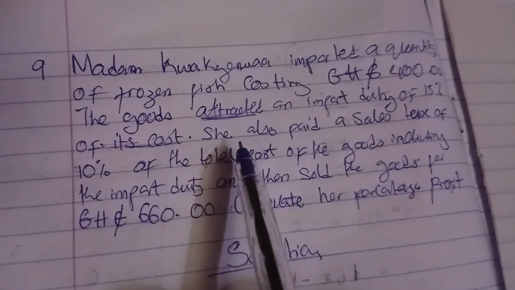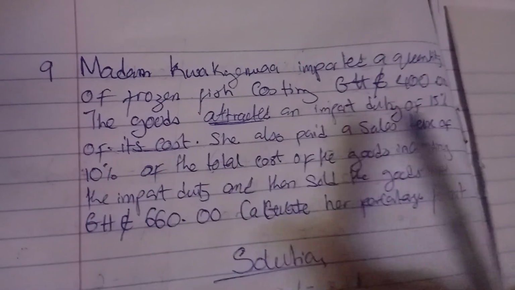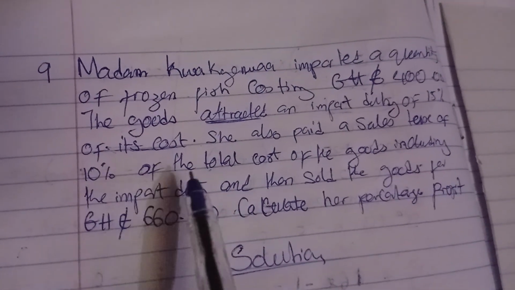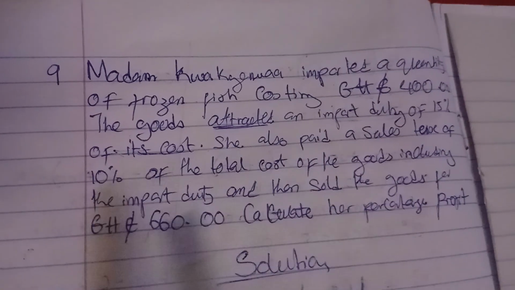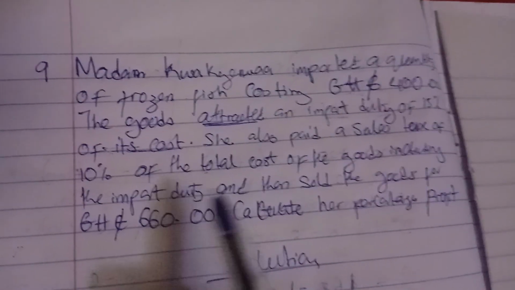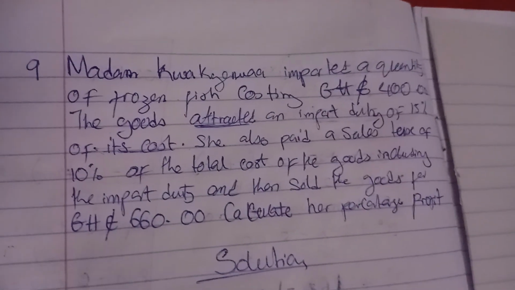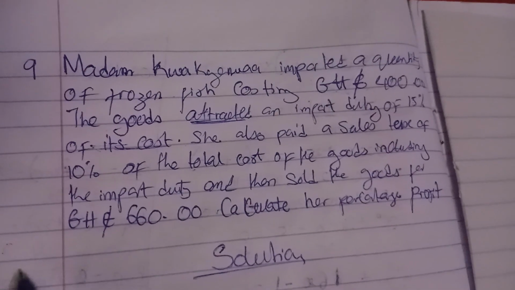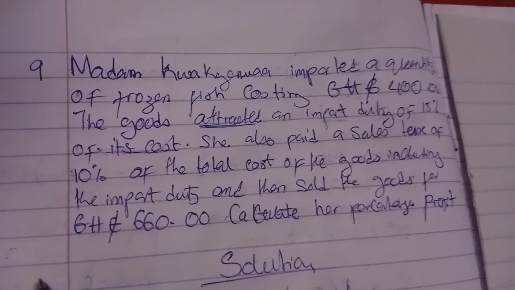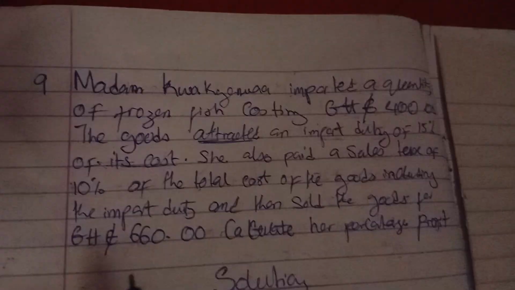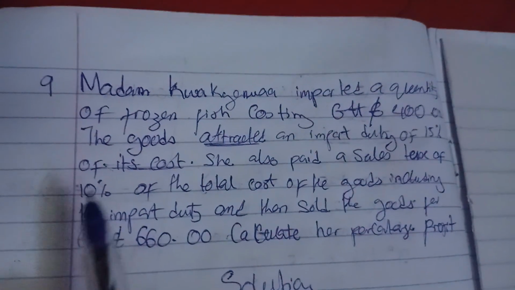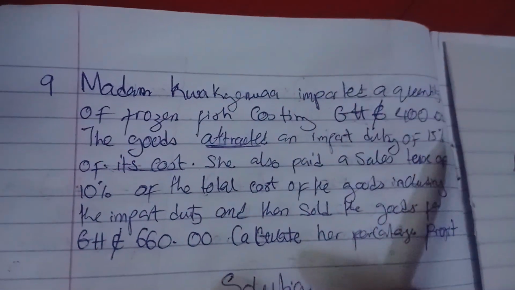Now moving on, she also paid a sales tax of 10% of the total cost of the goods, including the import duty. So the money she paid for the fish plus the money she paid for the import duty, which is her total cost at that point, she had to pay an extra 10% of that total cost as sales tax.